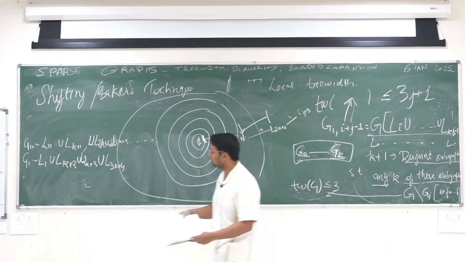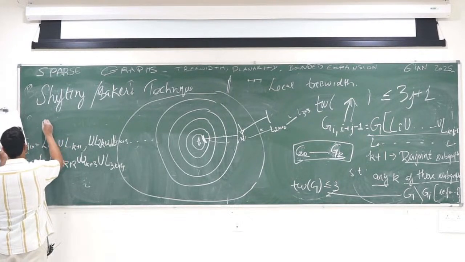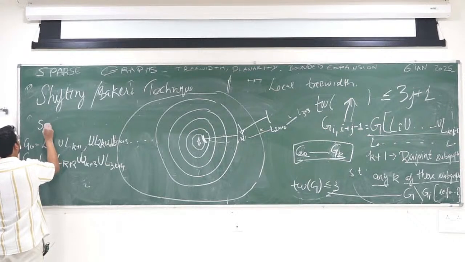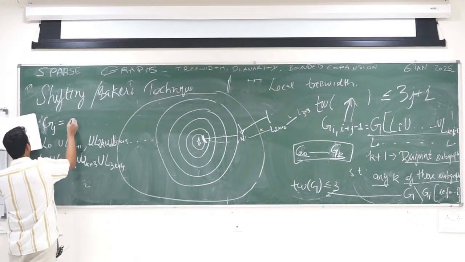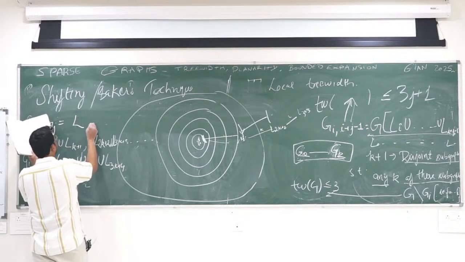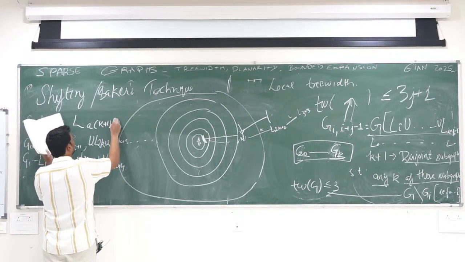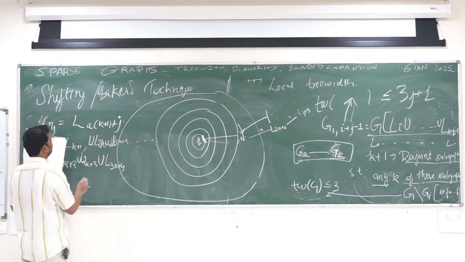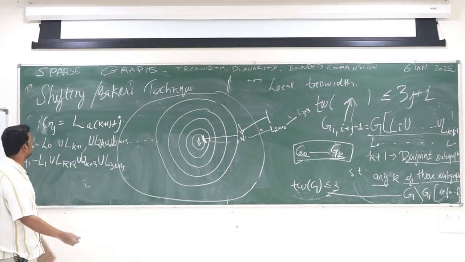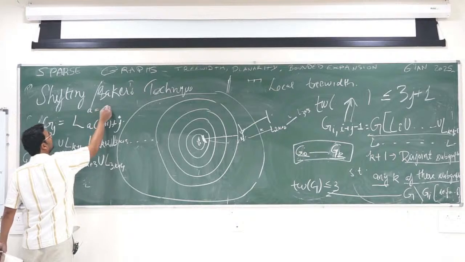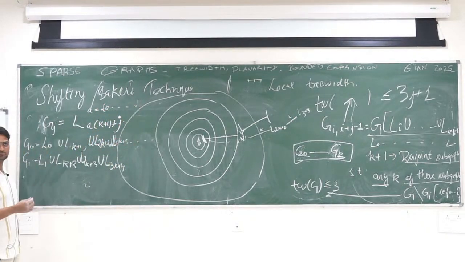So the formula is the following: the layers in Gj will be the collection of layers that are of the form A times k plus 1 plus j. This is k plus 1 because there are k plus 1 of these partitions. So A goes from 0 to whatever we need.